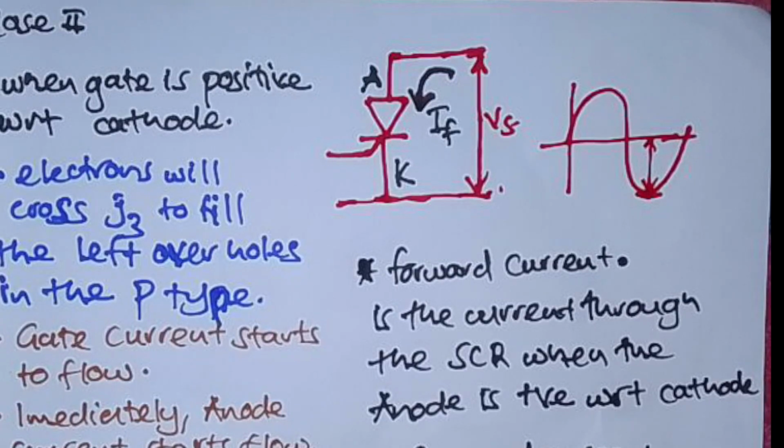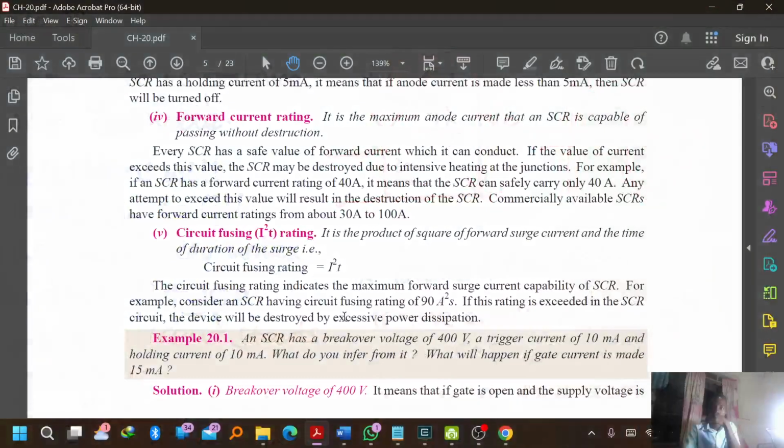Maybe the other thing I can explain is what we call the circuit fusing rating. I hate this part because it has a lot of definitions. I hope you can see my screen.